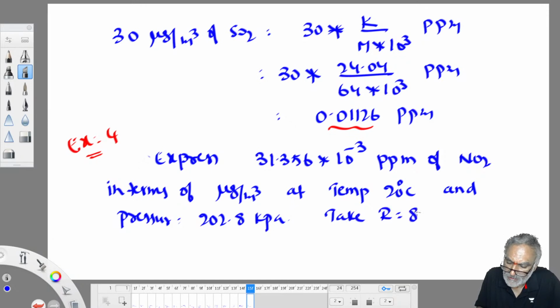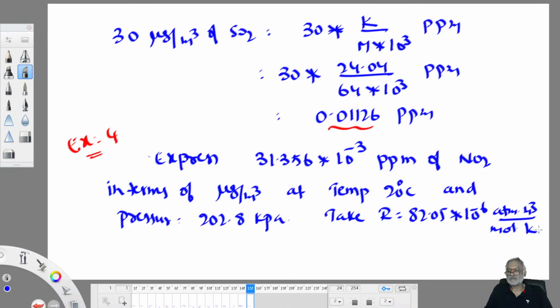Take R is equal to 82.05 into 10 power minus 6 atmosphere meter cube by mole Kelvin. Come on, work out. So now this question is solved, then I'll appreciate you.